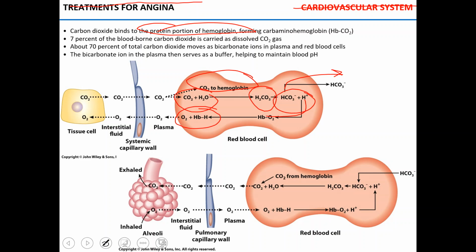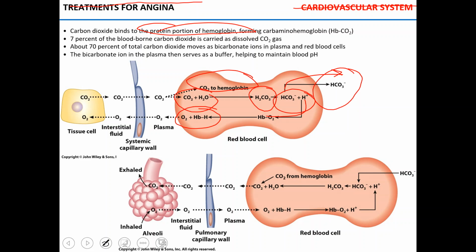In fact, the same process can be seen in the plasma, it's just less efficient. The point is that CO2 can be transported from tissues to the lungs, either bound to hemoglobin or in the form of bicarbonate ion. And bicarbonate ion is critically important for maintaining the blood pH.